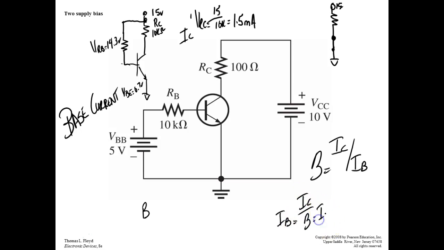What's our IC? 1.5 milliamps divided by the beta that I gave y'all, which was 30. That's 50 microamps.